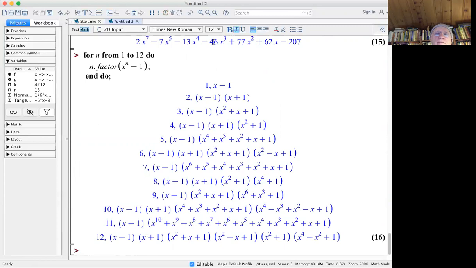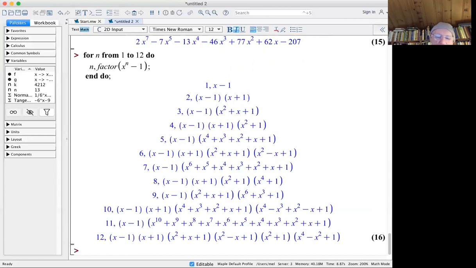Look at that. This is x squared minus 1, x cubed minus 1. They're all divisible by x minus 1, but some of them have a lot of factors. Some of them just have one other factor. So here I use the loop for factoring. Right? Loop is a very versatile command.